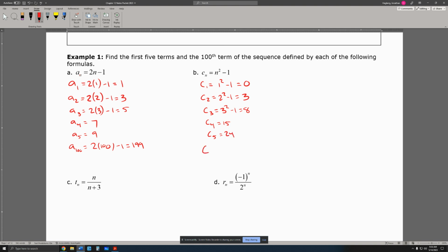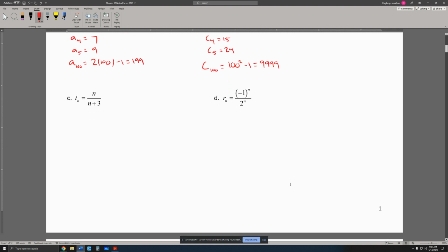Okay? c100 is equal to 100 squared minus 1. Well, I know 100 squared is 10,000 minus 1 is 9,999. Okay? So to recap, the terms in this sequence in letter B would be 0, 3, 8, 15, 24, and so on. Okay? Let's try another.